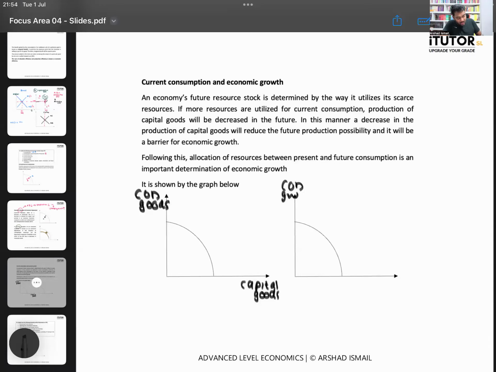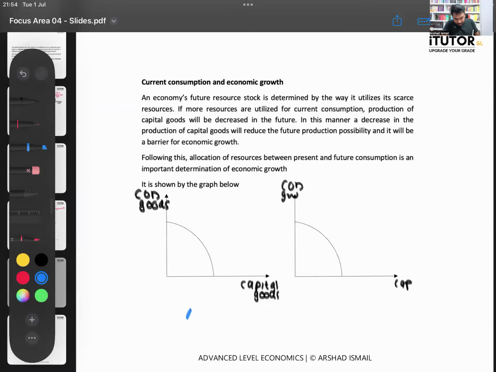So let's say there are 2 countries, country A and country B. Country A is producing a lot of consumer goods and very little capital goods. Country B is doing the opposite. They are producing a lot of capital goods and very little consumer goods.